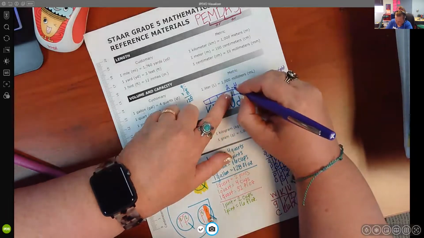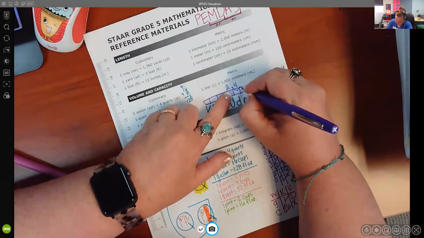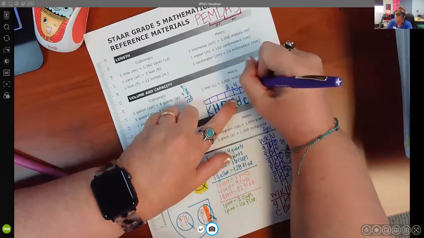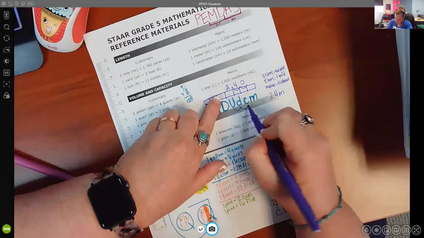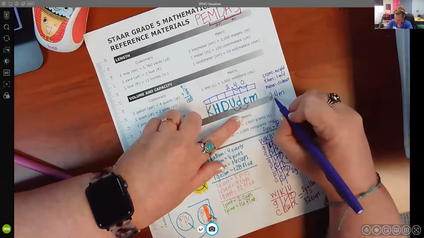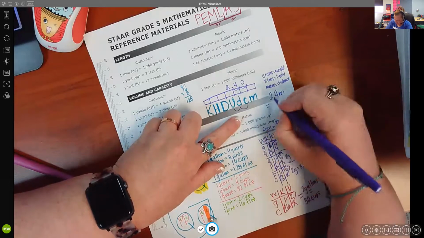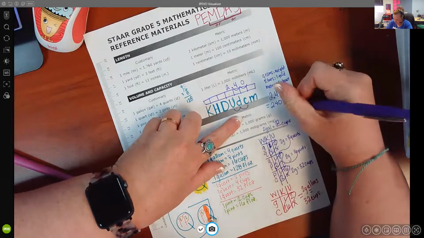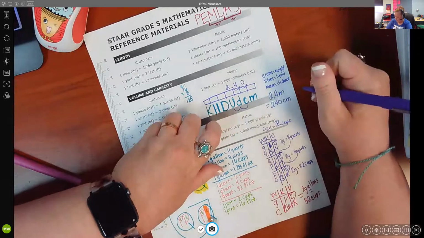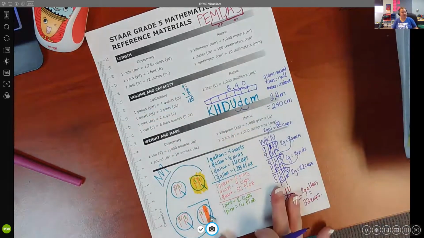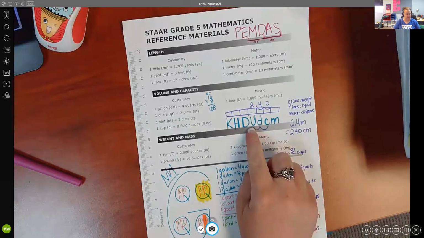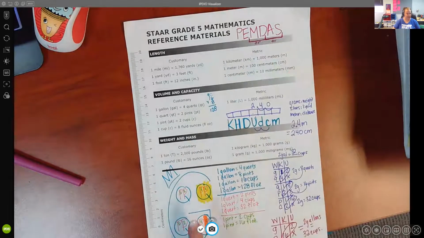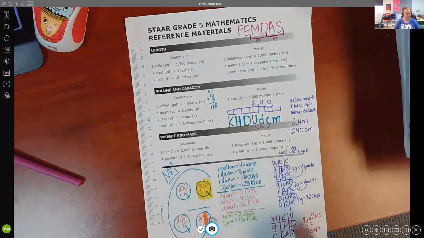So our multiples of 10, 1, 2. So it goes there because you went here, unit to centi. So 2.4 meters equals 240 centimeters. Okay. And you kind of get this on your chart, this, and this. And all of this will come to you if you have this.